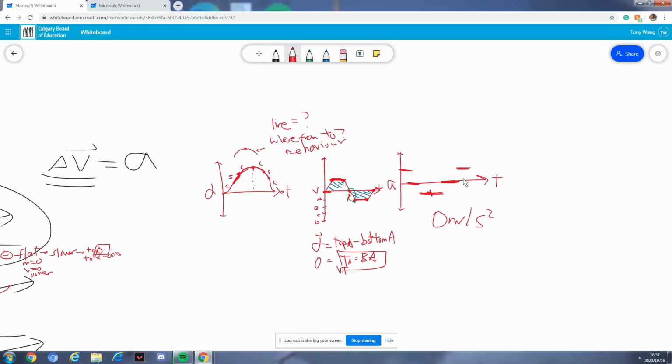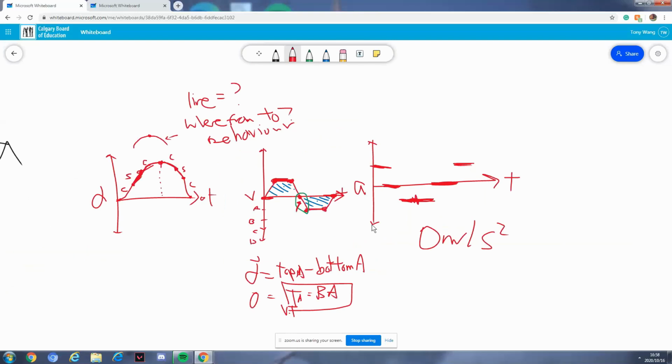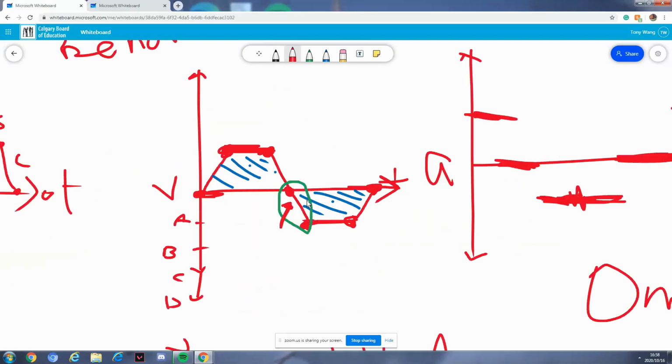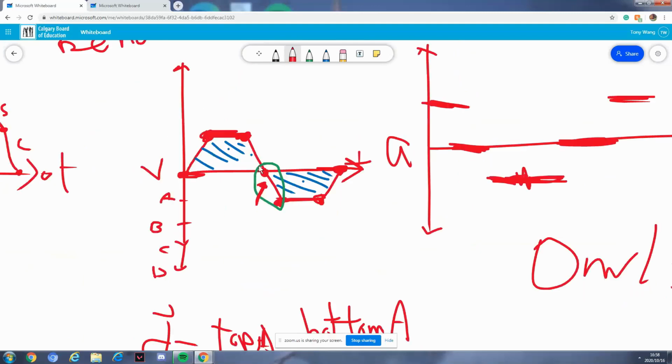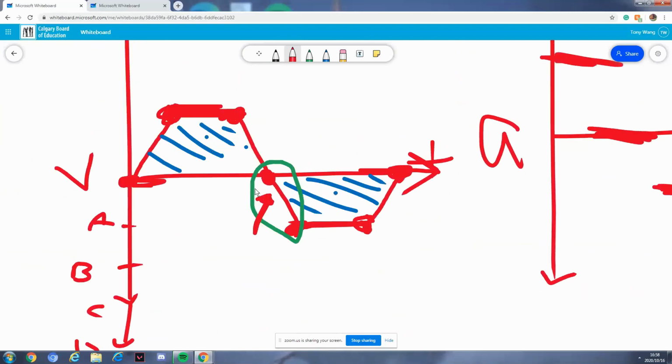But basically, if I tell you to find the acceleration at a certain time period, and the time period is at 0, then you don't say that the acceleration is 0 because the object is not moving at that point. At that point, the object is quote unquote not moving.